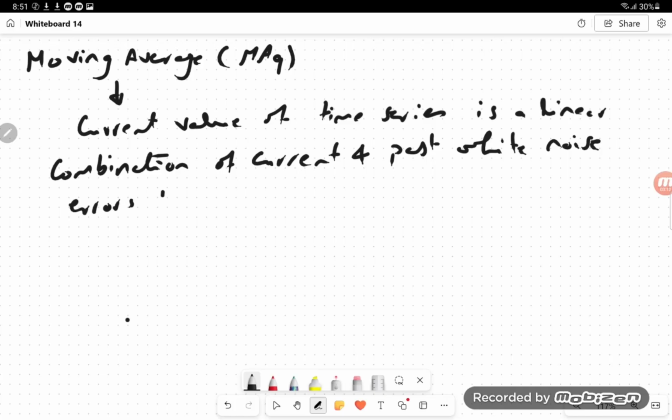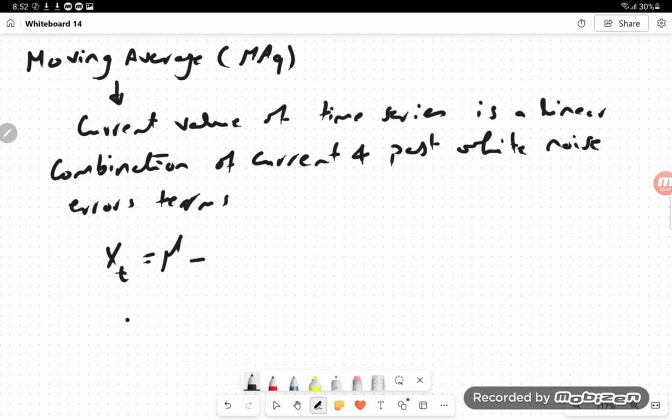So this means that our variable depends on the error, not its own lag values, but the lag values of the error terms.